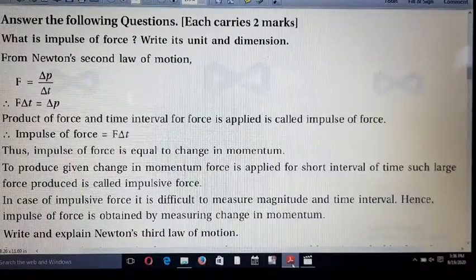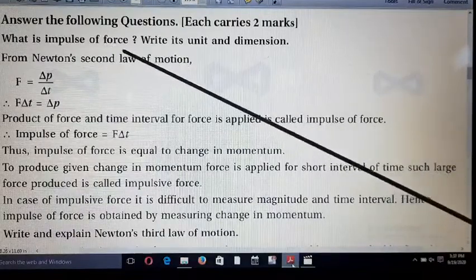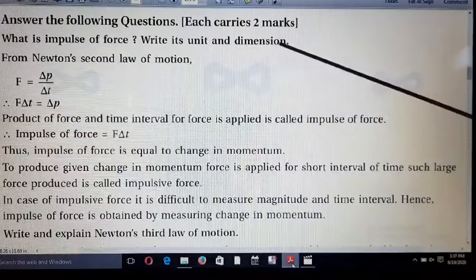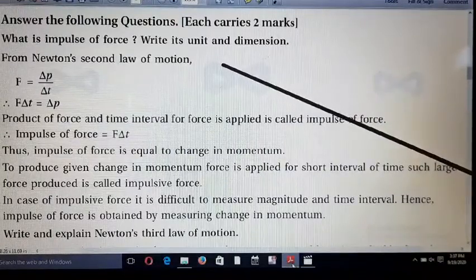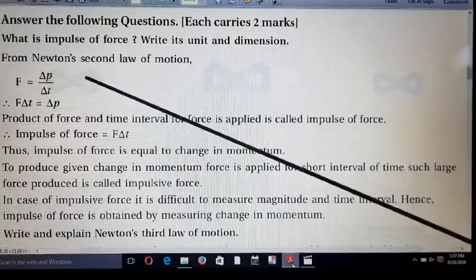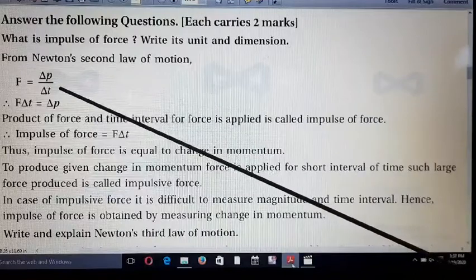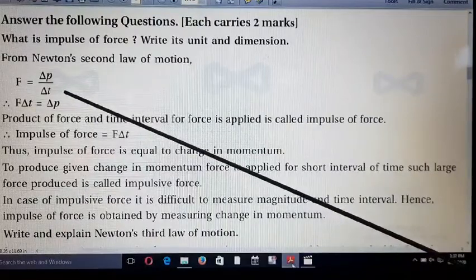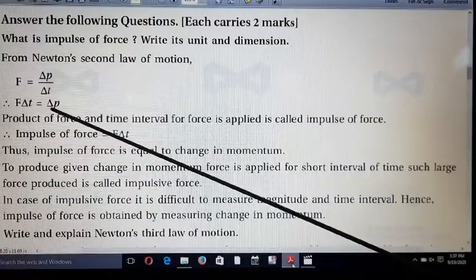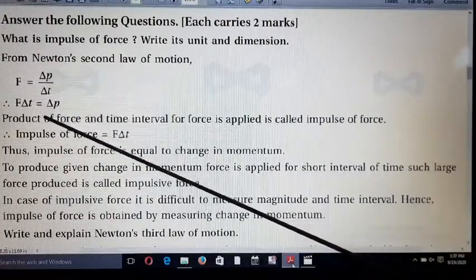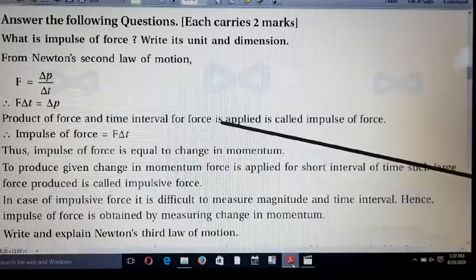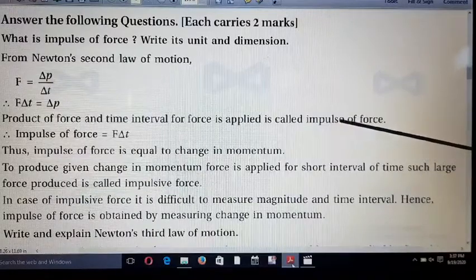Next question is, what is impulse of force? Write its unit and dimension. Friends, we know that from Newton's second law of motion, F is equal to delta P upon delta T. Moving delta T to the left hand side, we get F delta T is equal to delta P. The product of force and the time interval for which force is applied is called impulse of force.